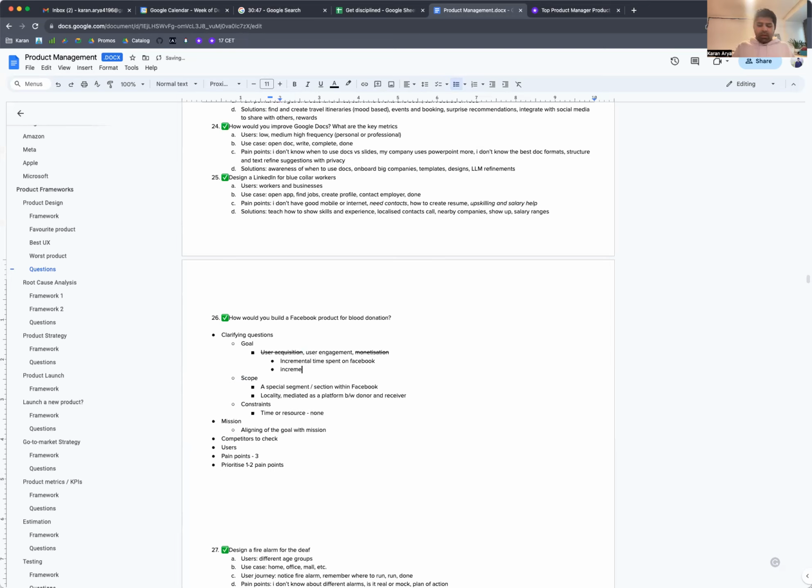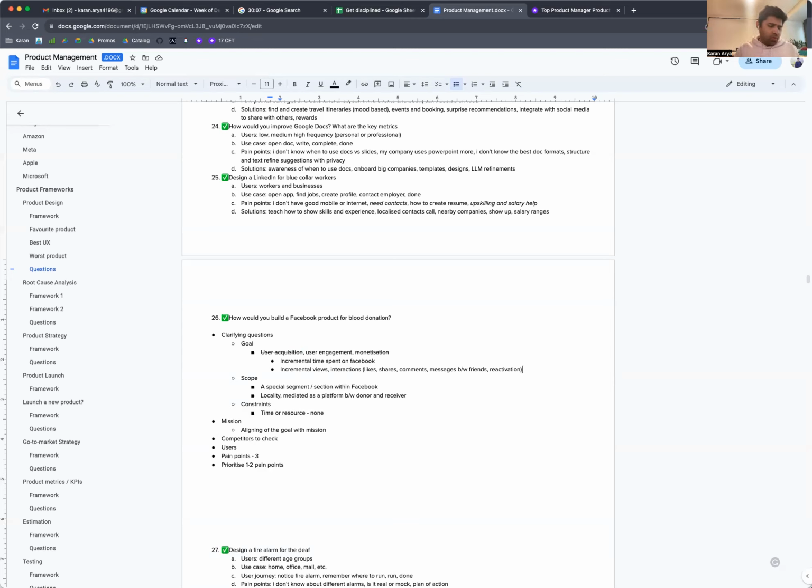Obviously, incremental views, interactions such as likes, shares, comments, messages between friends. And even there could also be an effort where we could reactivate a particular user. So let's say that reactivation could be something. So this is another thing that we could measure when it comes to user engagement.